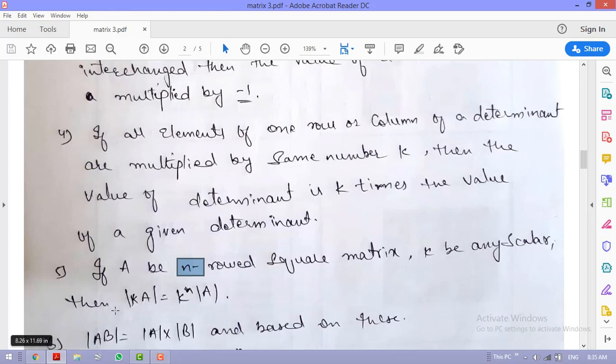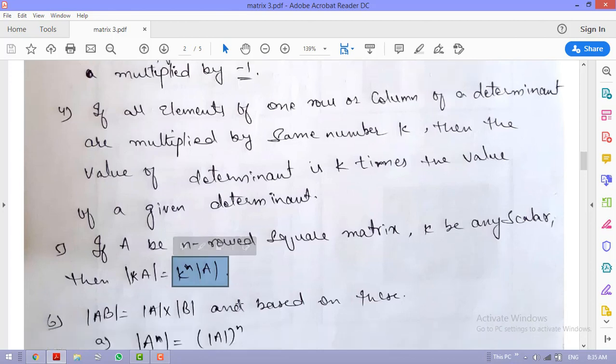What I mean to say is, if you find the determinant of that matrix with the scalar multiplied with every number, that determinant value will be equal to k power n into the determinant of A. You just have to remember these properties, because in GATE they may ask you the properties from anywhere.